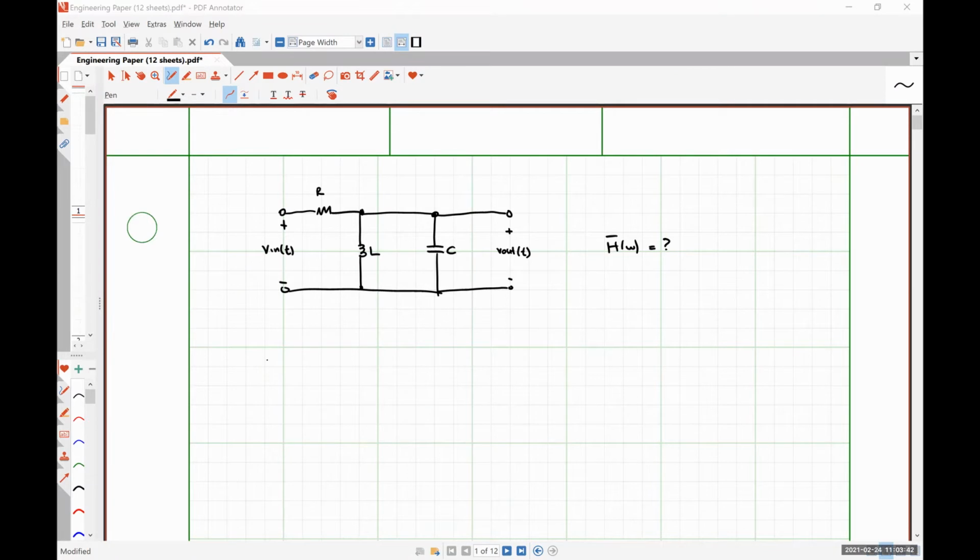So using simple rules for voltage division, H of omega should be the voltage drop over the inductor in parallel with the capacitor.